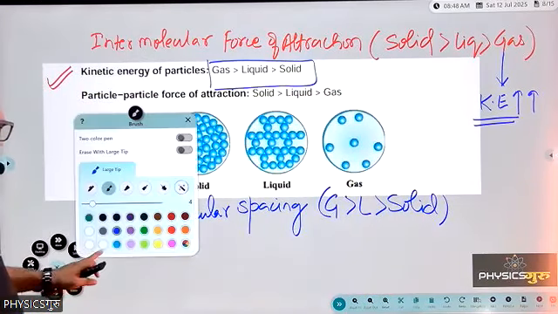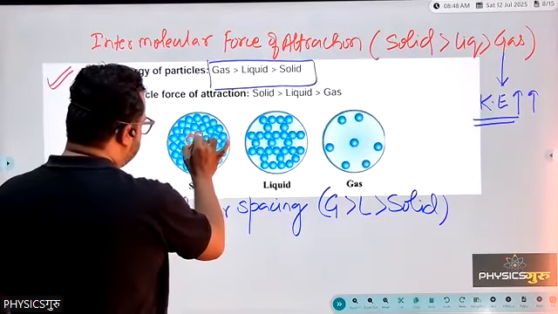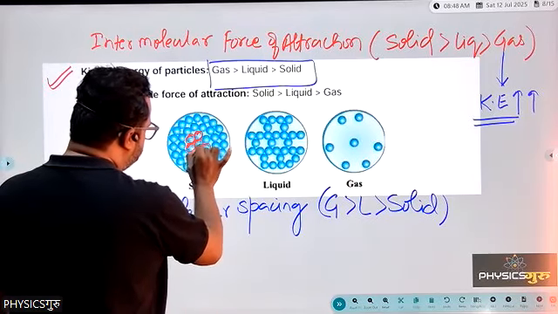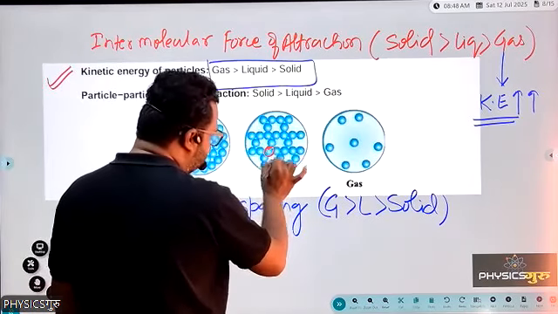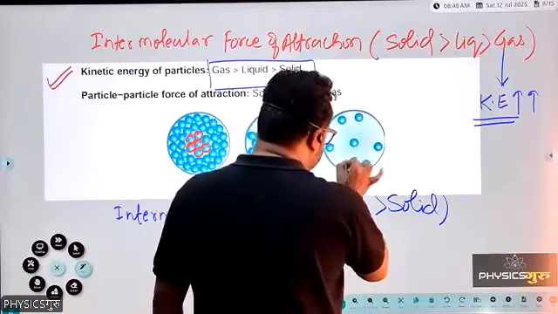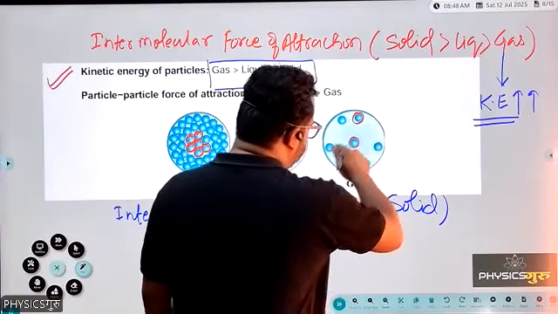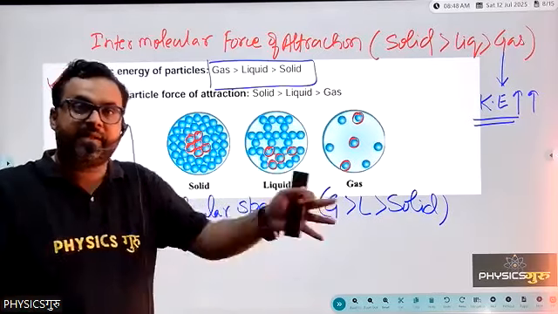So you can observe the structure of solid. All the molecules are closely packed. In case of liquid, they are far apart. In case of gas, the distance is very high. The intermolecular space is very high. That means the gapping between the molecules is high.